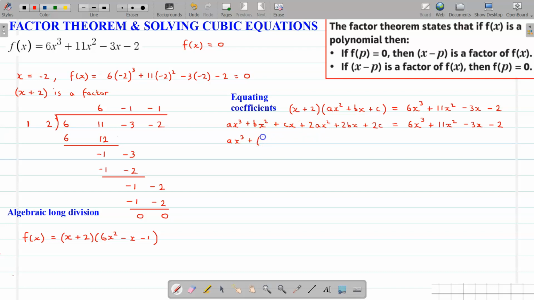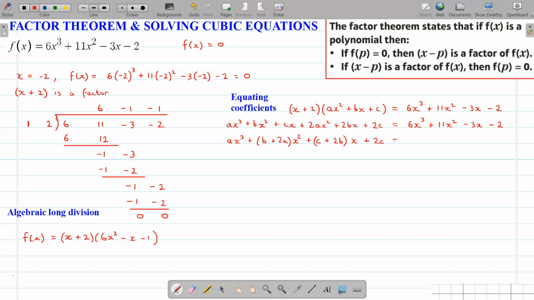So if we add them together, we get b plus 2a lots of x squared. We also have 2x terms, that's c and 2b. So we have plus c plus 2b lots of x. And finally, we have our 2c on its own at the end, which is just a number.